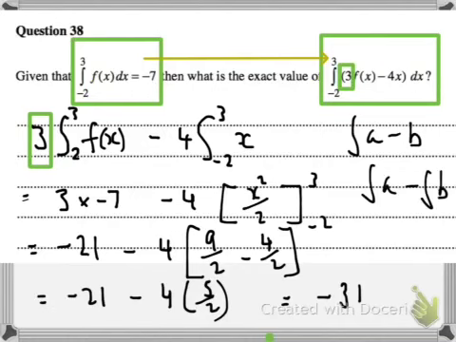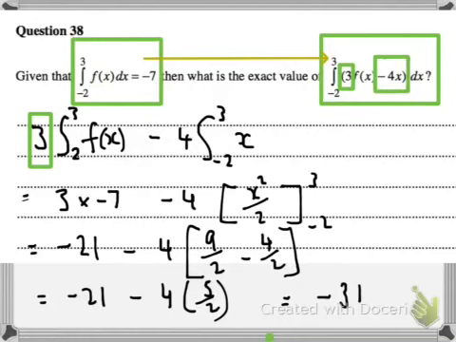I've done another thing too. You see how it's got minus 4x, so that could be minus the integral of 4x. So I actually made that minus 4 integral x, because I can take that 4 and put it out the front. That's a vital first step.